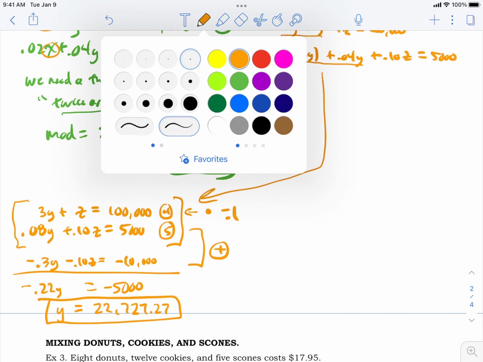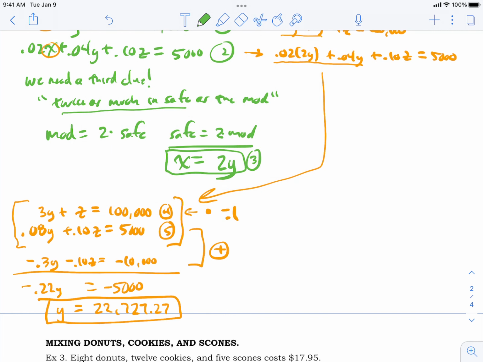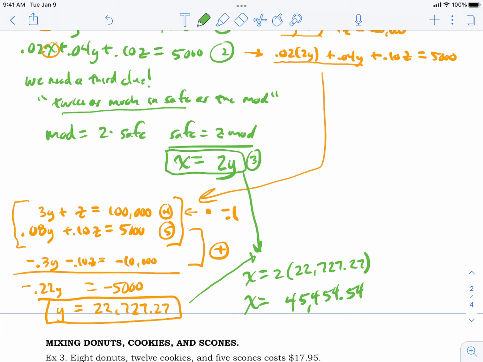Now I can get X right away from this equation, because it says X is equal to 2 times Y, 2 times the 22,727.27. So X is equal to, well, 27 times 2 is 54, so X is 45,454 or so.